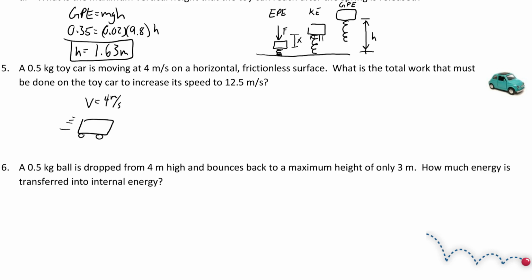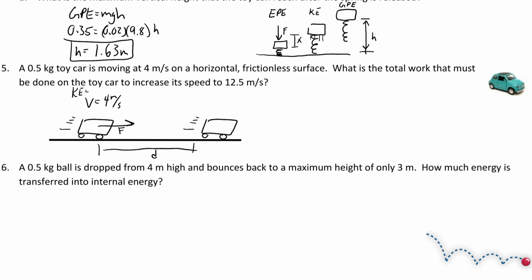It has some kinetic energy. We're not sure what it is yet. And then you push on it. Oops, there's no hill there, just a straight line. And now you exert a force over a distance, causing this to get faster. All right, so you have more velocity now. It's 12.5 meters per second. There's even more kinetic energy here.